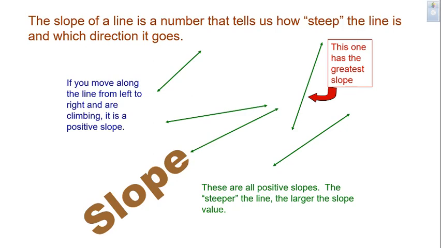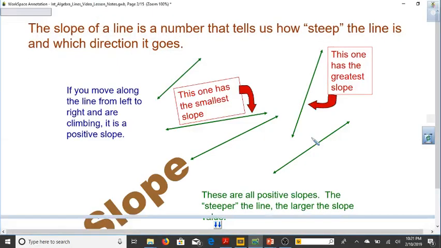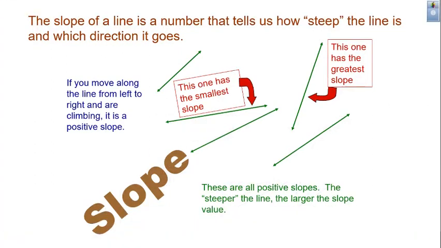So this line is the one that is increasing the fastest, so its slope will be the biggest positive. In other words, the greatest slope. And then that line there will be the one with the smallest positive slope. It will be rising the least. So that then will indicate that the slope is the smallest number.